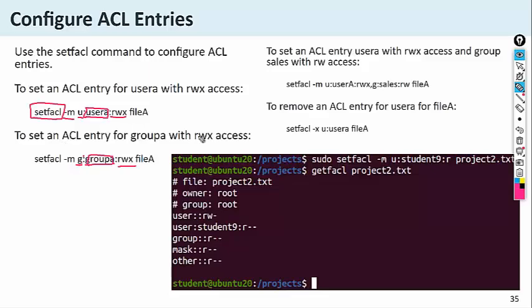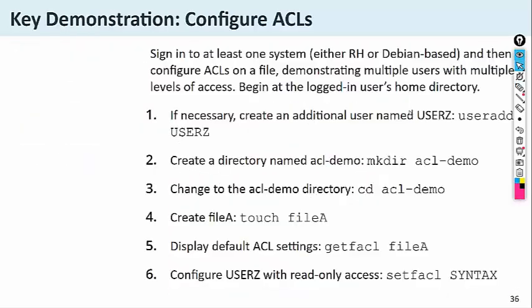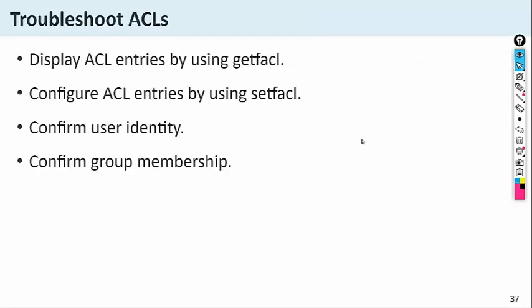If you want to set permission in a single command, you can use u for the user, g for the group, and a colon, then give the permission. Okay, so this is the command with setfacl where you can do this. So these are the types of permissions you can implement.